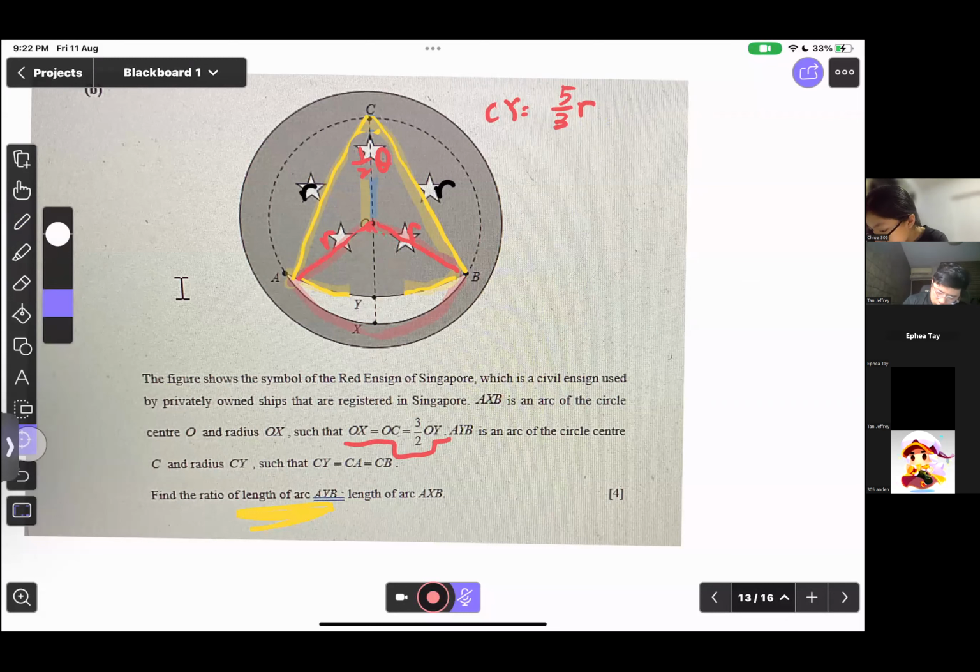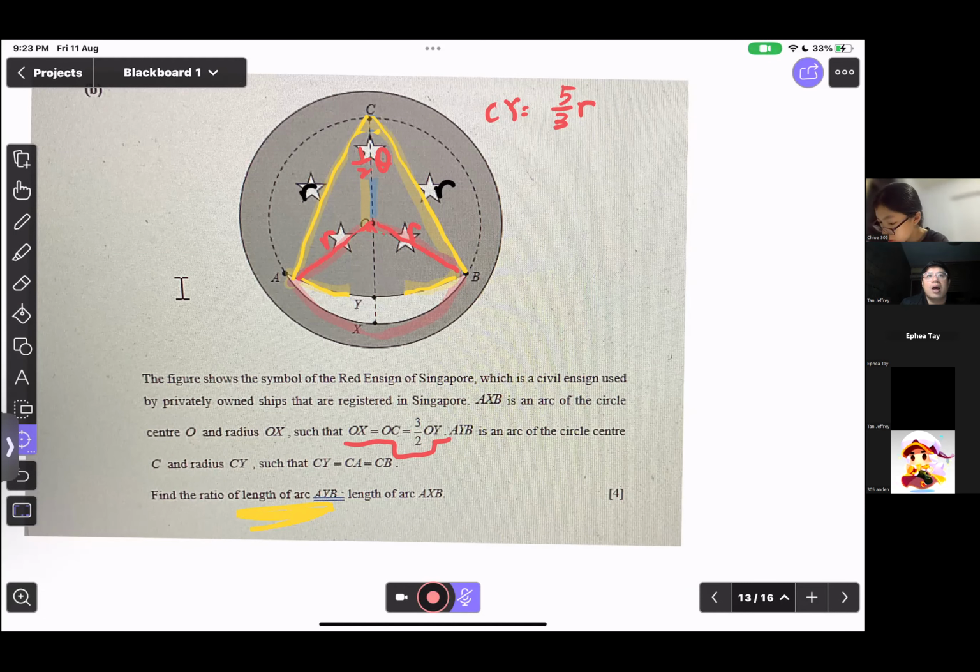CY is CO plus OY, right? So if this whole thing is R, CX is equal to R.